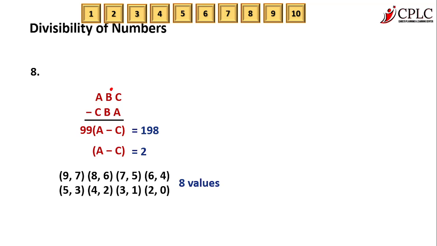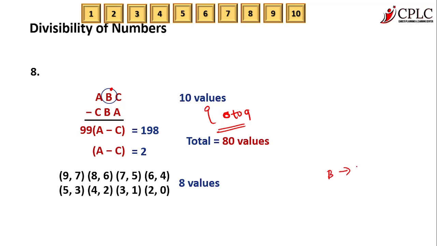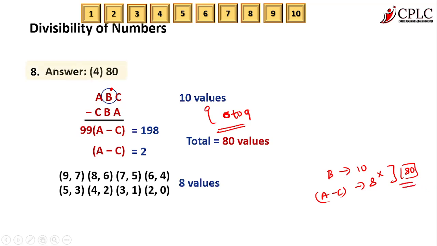So, B can take 10 different values, and A and C can take 8 different combinations. So overall, if I want to find out how many values the number can have, obviously 80. Why? Because B has 10 values and A and C have 8 values. So 10 into 8, that is 80 possibilities for the number. So the answer is option 4 for question number 8.